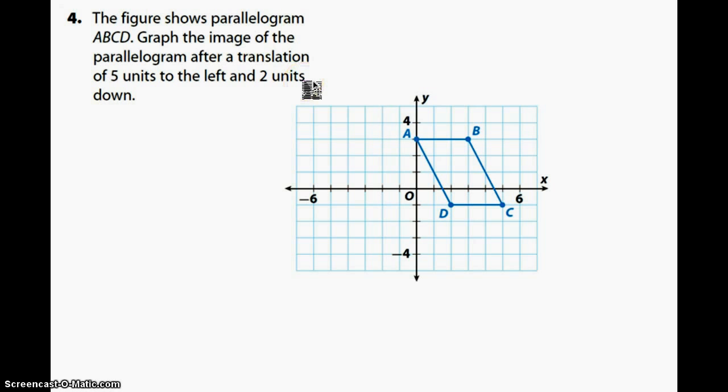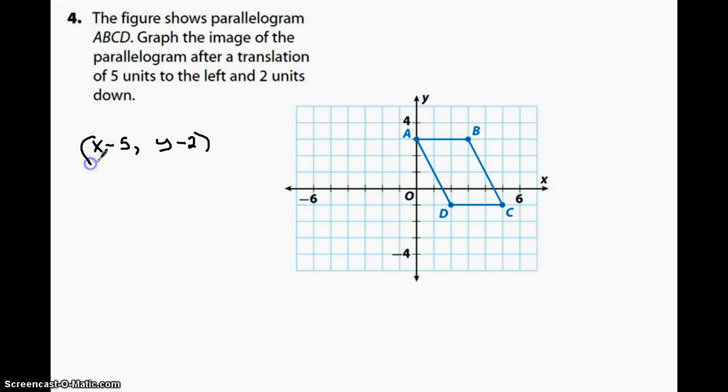So let's keep in mind what they're asking us to do. Let me get my pen back and make it a little bit darker for us here. They're asking us to take x, and x is going left, so this would be x minus 5, comma, and it says 2 units down, so this will be y minus 2.